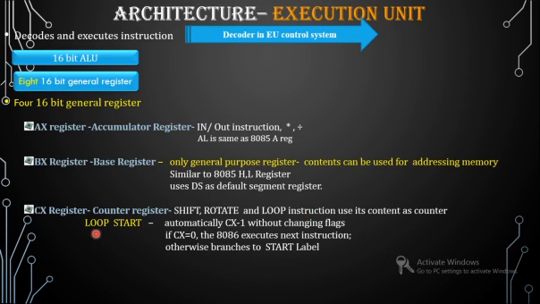So for example, if there is an instruction like loop start, then automatically this counter register will be decremented by 1, that is decreased by 1, without changing any flags. This will continue until the counter register becomes 0.